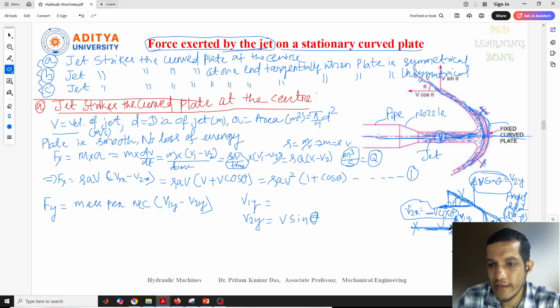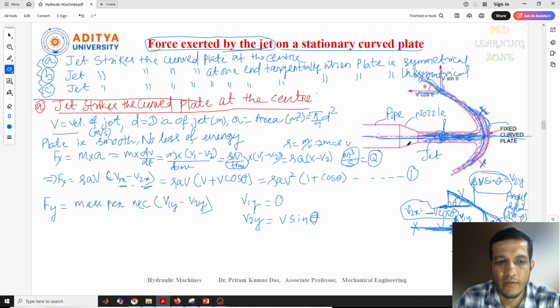As I told you, initially the fluid is moving in the direction of x only. So there is no movement in the y direction. After striking, it moved in the inclined direction, so we have made these two components, x and y direction. But the initial velocity in the y direction is 0.